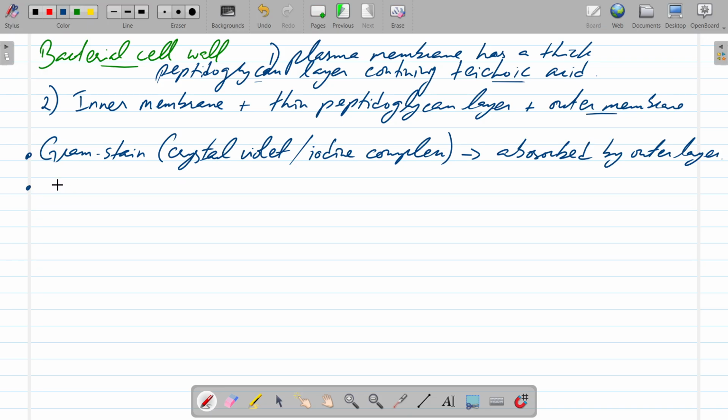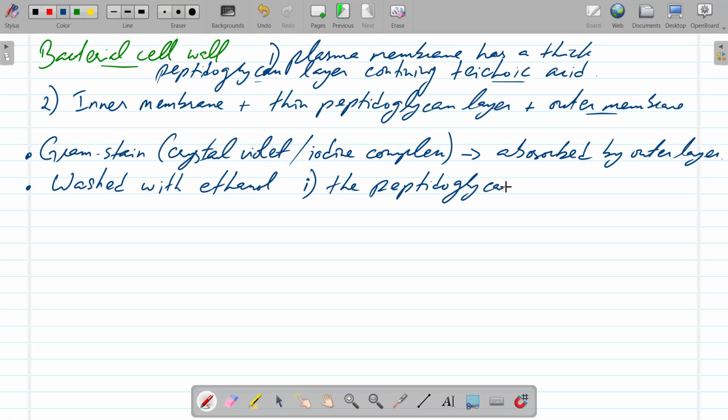Then when the cells are washed with ethanol, two things can happen. If there's a thick peptidoglycan layer, it's not dissolved, it's not washed away by the ethanol.